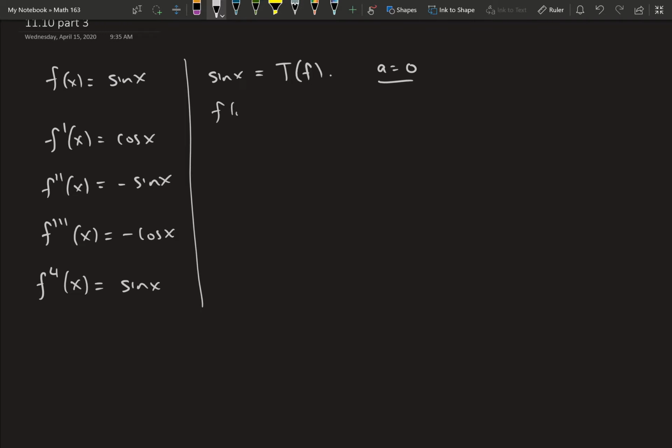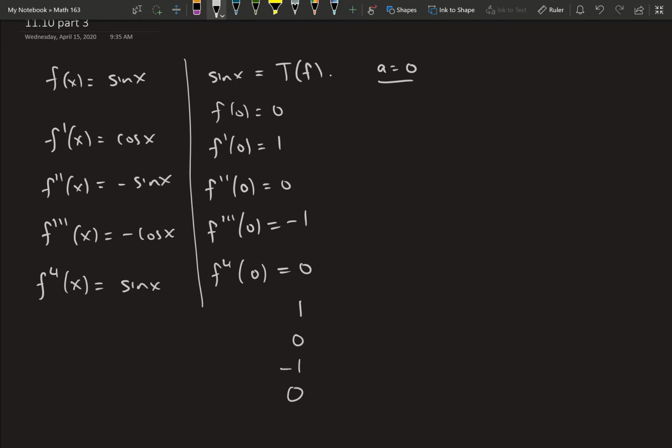So we have f of 0 is 0, f prime of 0 is 1, f double prime is 0, f triple prime is negative 1, the fourth derivative is 0, and you'll see this pattern continuing. So it'll be 0, 1, 0, negative 1, 0, and then back to 1, 0, negative 1, and then again 0, and so on.